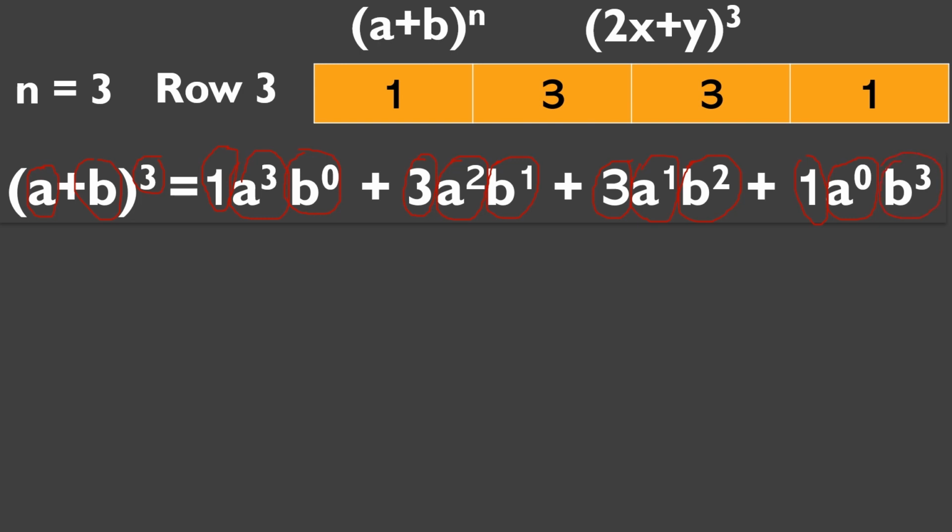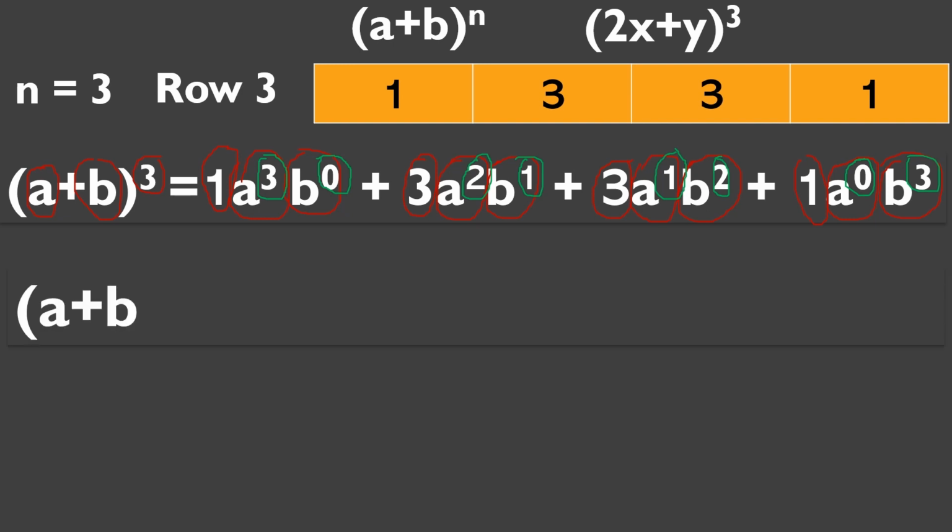Notice clearly that the sum of the exponents of both a and b, 3 plus 0 in this case, is equal to 3. So the sum of the powers gives you the value of n. And in this case, our power is 3. So if you look at the right, you have 2 plus 1, which is 3. Here the power 1 plus the power 2 is 3. 0 and 3, if you add them, gives us 3.